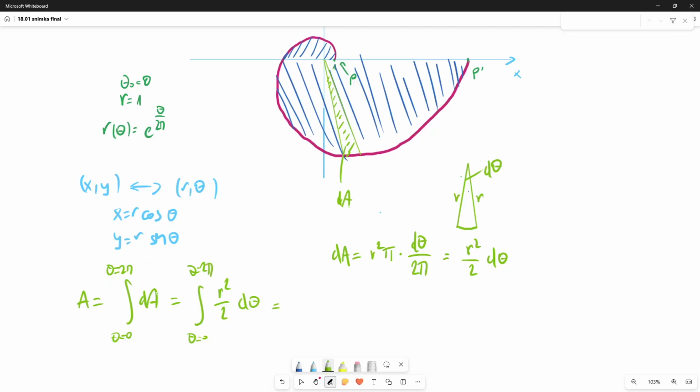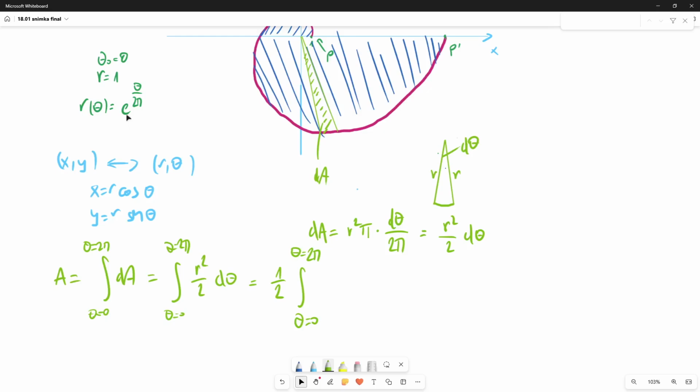And we plug in our expression for r over here. Let's place 1/2 outside of the integral. Let's place the bounds on the integral. And we have r squared, which is e to the power of theta over 2 pi, squared. So it is e to the theta over pi. We integrate it over the angle d theta.